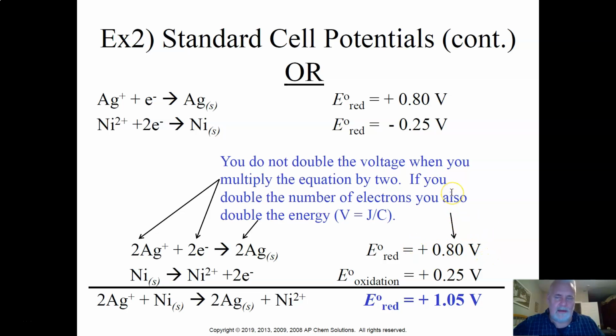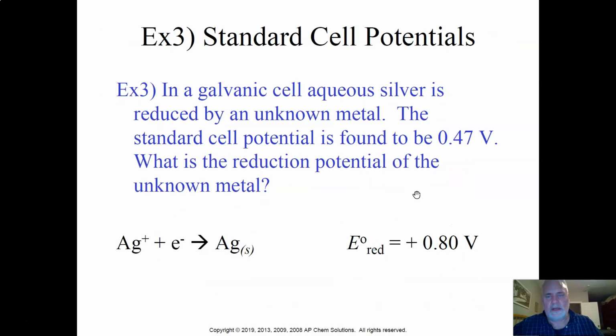The main focus on this page, and you should write this on here: do not double, and then circle that number. Just leave it the same. Even though you doubled everything, the E0 does not double. That's a very important concept. You ignore it when you're doing the E0 red plus E0 ox equation.